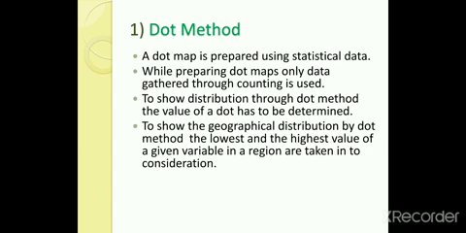By putting the dots on the map, we have to show the highest and the lowest value. For example, if the highest value is 5 lakh and the lowest value is 50,000, you have to consider the highest and the lowest value on the map while showing the dots.